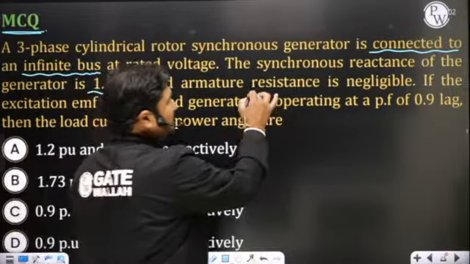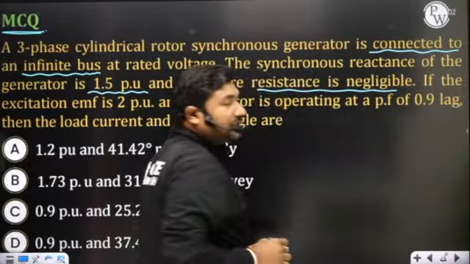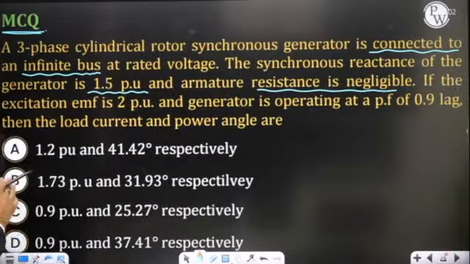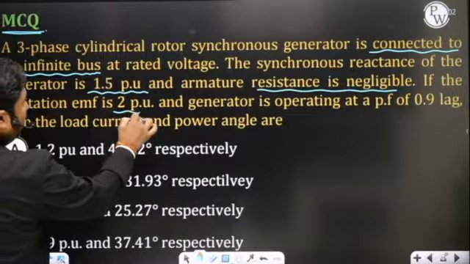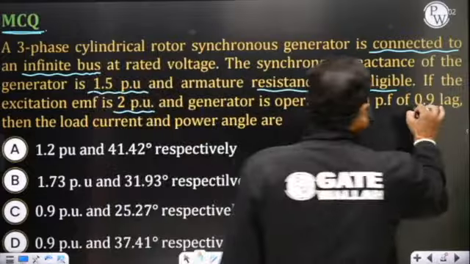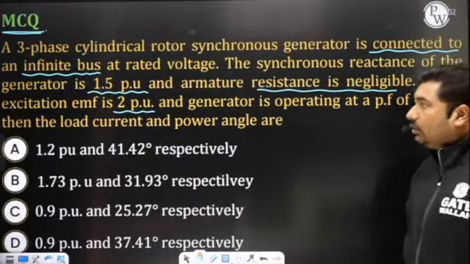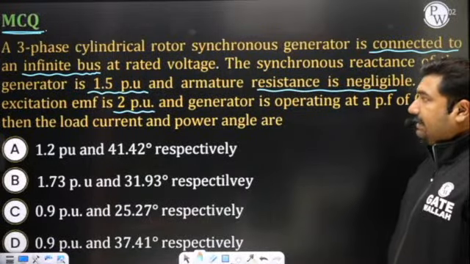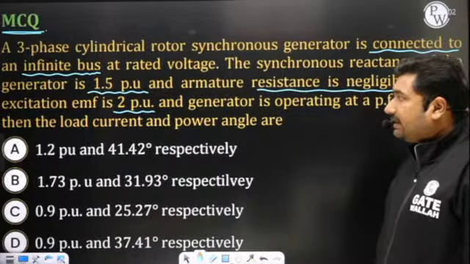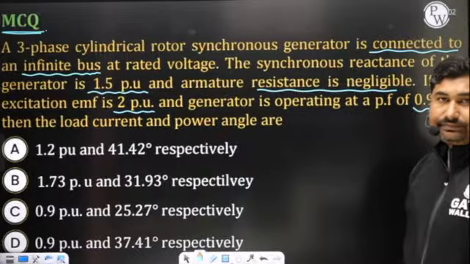I am going to tell you a very important thing in this question. If the excitation EMF is 2 per unit, and the generator is operating at a power factor of 0.9 lag, then the load current and power angle are. So in this question I am asking about the load current and power angle.